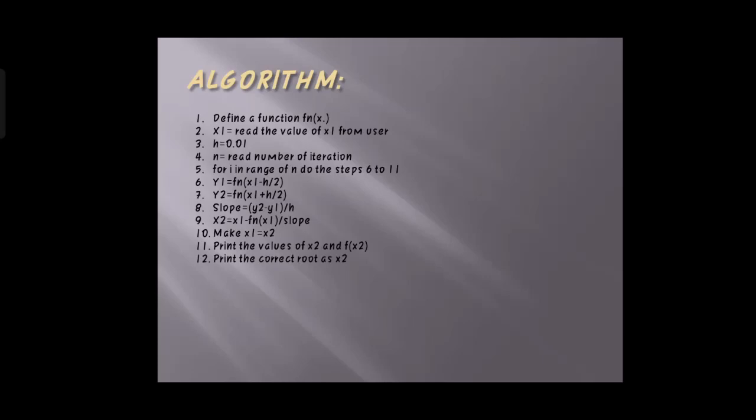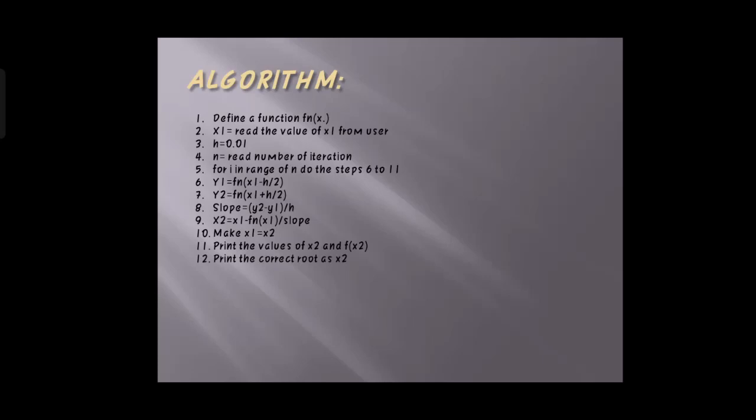Under the for loop, we have y1 = function of (x1 minus h/2), and y2 = function of (x1 plus h/2). Then the slope, which is the derivative of the function, is given by (y2 minus y1) divided by h, where h is the step size.